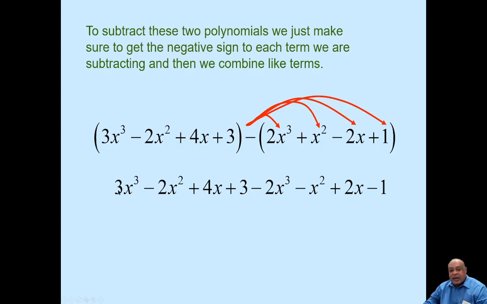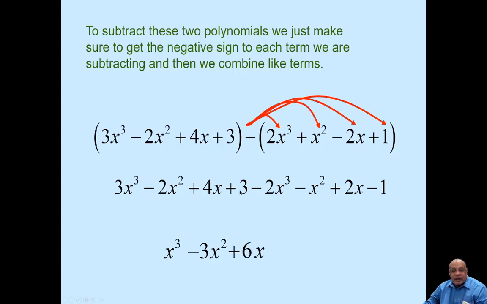After that's done, I can go ahead and identify my like terms. Here, 3x cubed minus 2x cubed is just x cubed. Here I have minus 2x squared and a minus 1x squared, which makes minus 3x squared. Next one, I have 4x plus 2x, which is 6x.